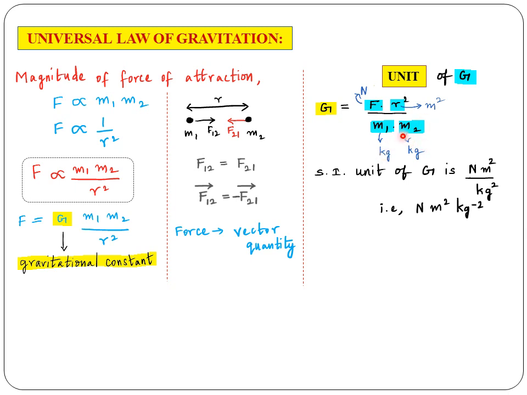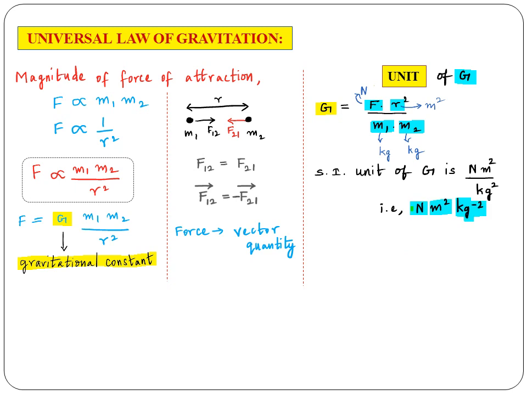So we have the SI unit of G, the gravitational constant, to be Newton meter square divided by kg square, which can also be written as Newton meter square kg power minus 2.